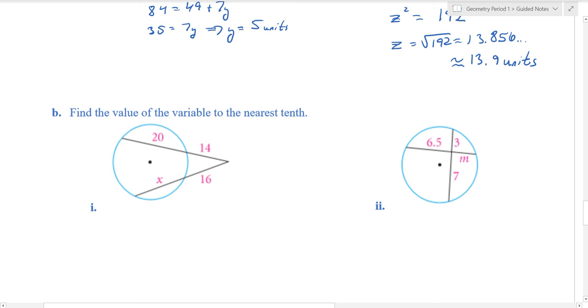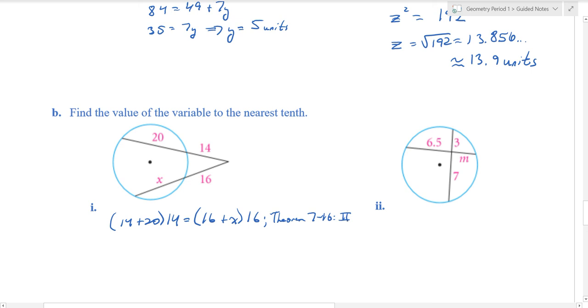So we can say now here that we have the quantity of 14 plus 20 times 14 equals 16 plus x times 16. That's because of the theorem 716 type 2.